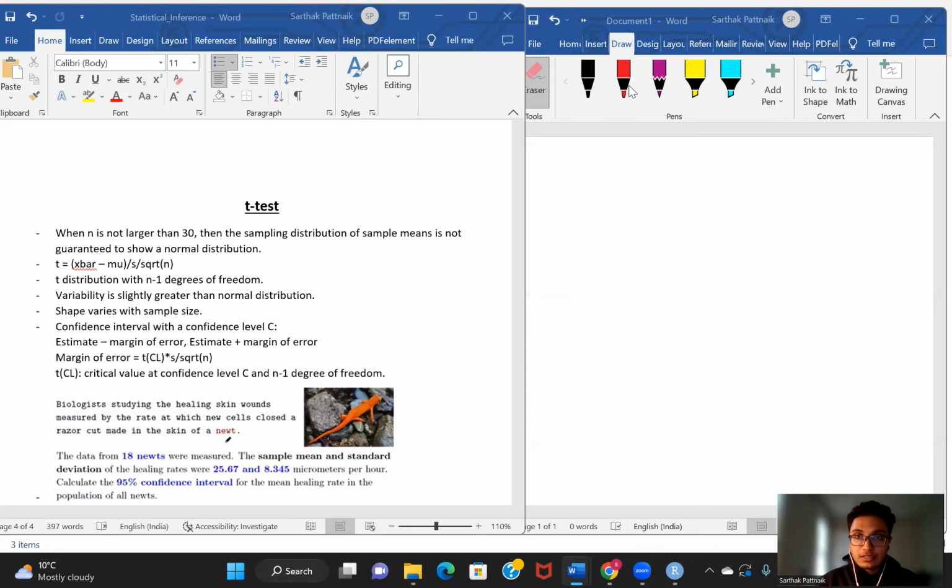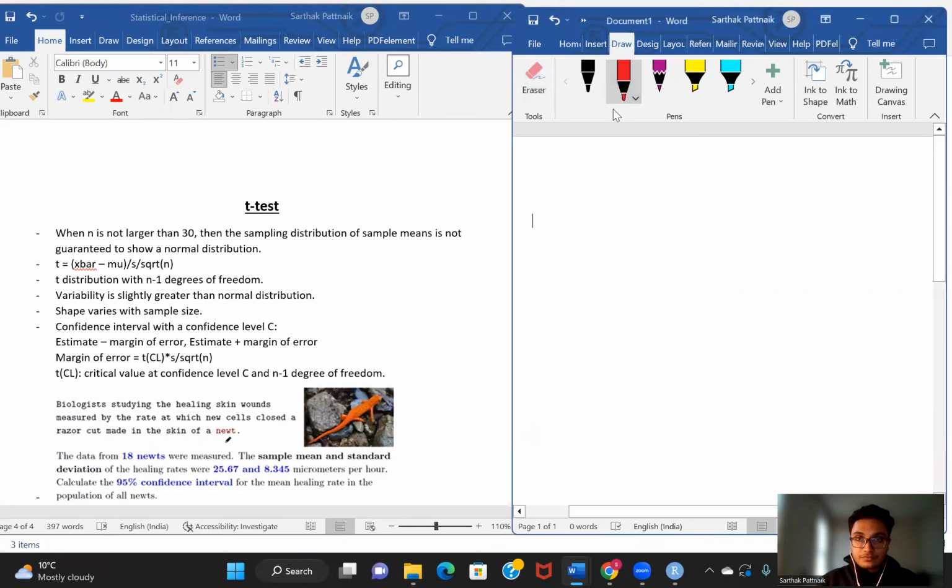So let's get started. So if you remember when we were discussing z-test, then we used two extremely useful R functions, p-norm and q-norm.